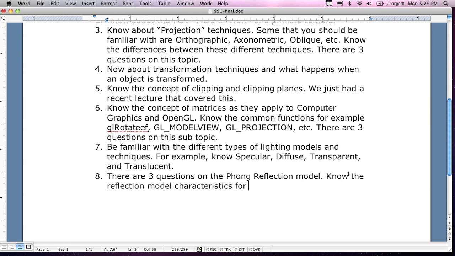For, I think this example, ambient, diffuse, and specular. We're looking at lighting models again. Those are the 3 in particular that we covered in the course that you're going to want to be familiar with.